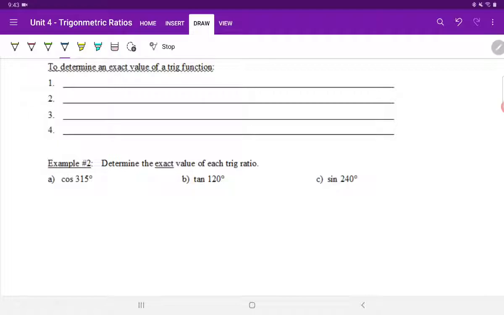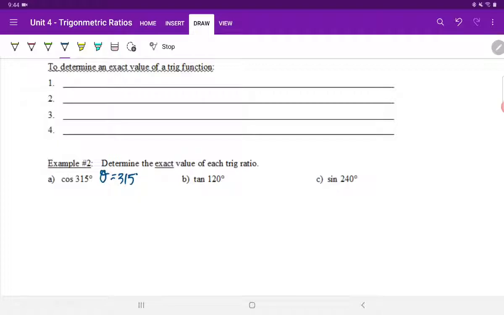So the question is, determine the exact value of each trig ratio. So we have cos of 315, which means that our principal angle is 315 degrees, and I have to find, without using my calculator, the exact value, meaning no decimals.